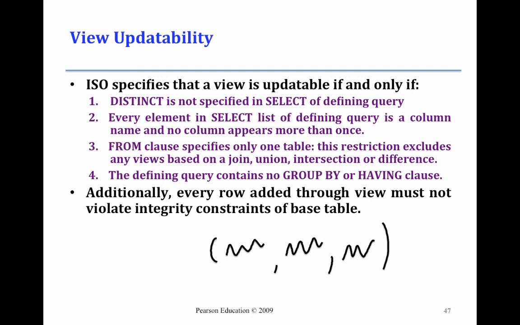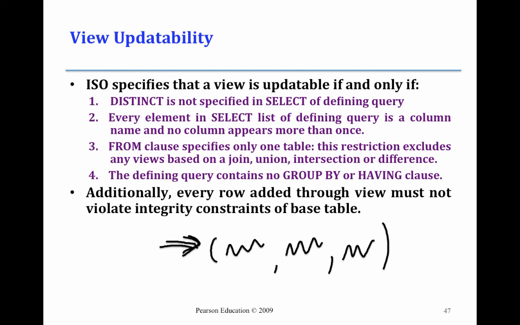You insert a tuple and it's different. This new tuple is different than any tuple in the view. But it turns out that this tuple matches a tuple in the underlying base relation.